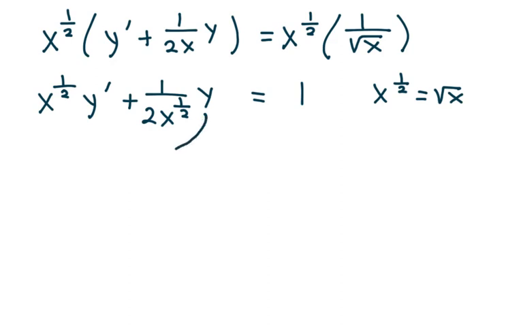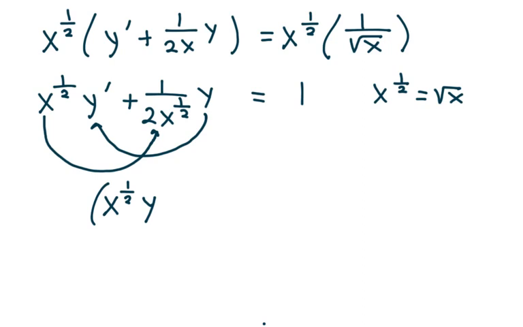Notice that the derivative of y is y prime. The derivative of x to the 1/2 is 1 over 2x to the 1/2, I claim. So I'm going to take the derivative of x to the 1/2 times y. So it's the product rule again. That's on the left side. On the right side, we get 1.